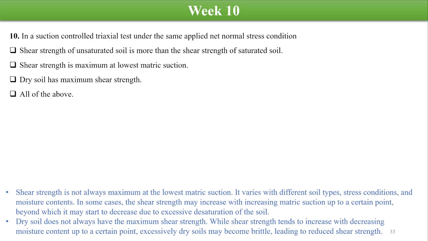Then we have the last question of the assignment, which says, in a suction controlled axial test under the same applied net normal stress condition, which of the following is true? The shear strength of unsaturated soil is more than the shear strength of saturated soil; the shear strength is maximum at lowest matric suction; and the dry soil has maximum shear strength; or all of the above. As we know, the shear strength is not always maximum at lowest matric suction.